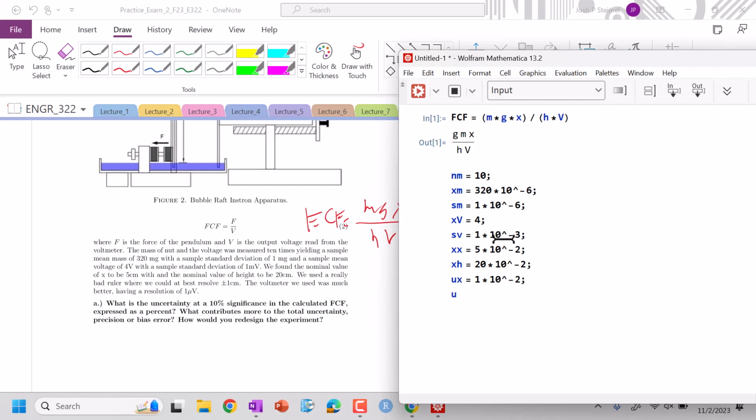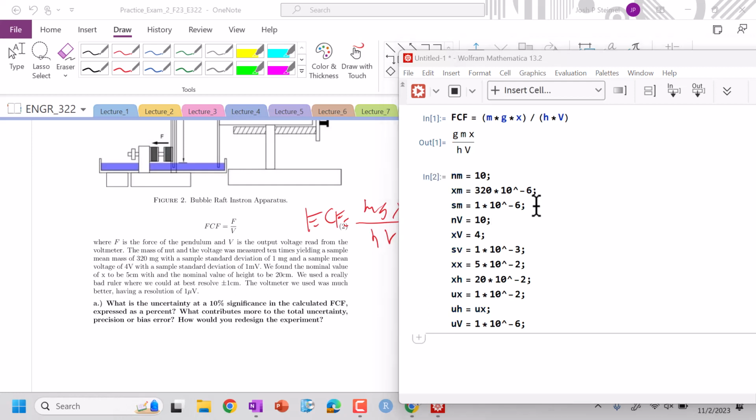We have an uncertainty in the height, which is also equal to the uncertainty in the X. We have an uncertainty in the voltage, which is equal to 1 times 10 to the minus 6. We're told the mass of the nut and the voltage were measured 10 times. So we also have a number of voltage equal to 10.